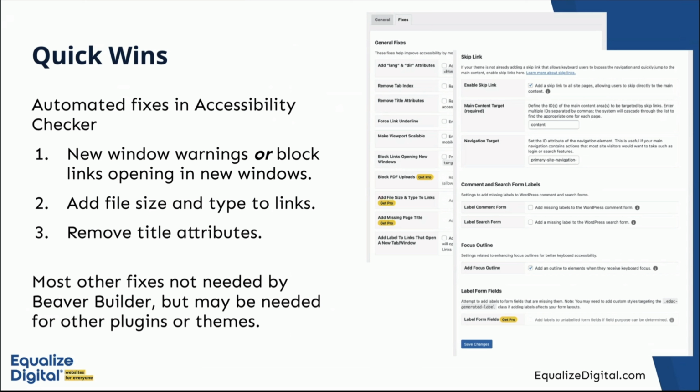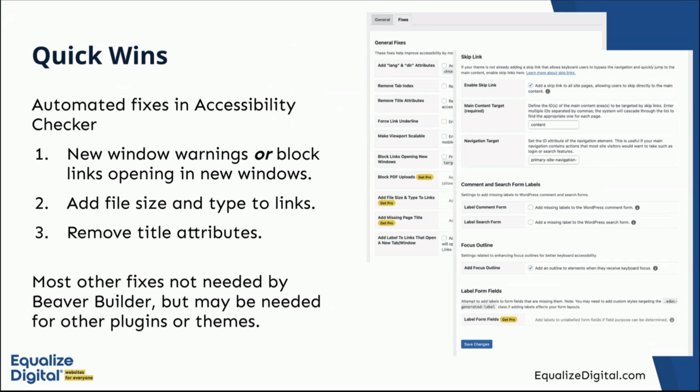The WordPress project as a whole has been working to strip this out of everything in WordPress core, but there are a lot of plugins and things that add title attributes when they should not. So if you toggle this on, this will just remove title attributes with JavaScript as the page loads.